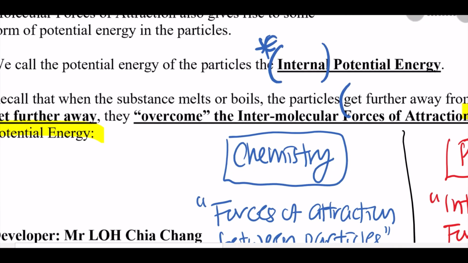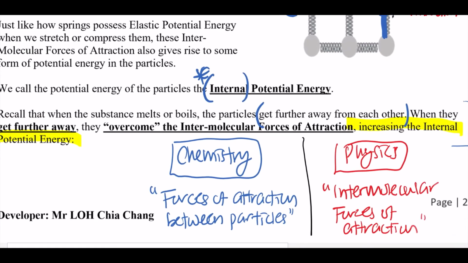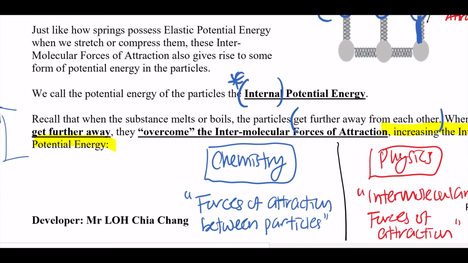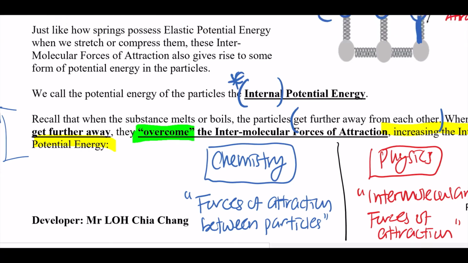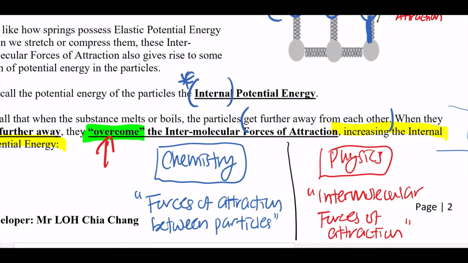Now please use the correct keywords. I've been talking about stretching, but that's for rubber band, so don't use the word stretching, use the word overcome. The particles are trying to overcome the interparticle forces of attraction.